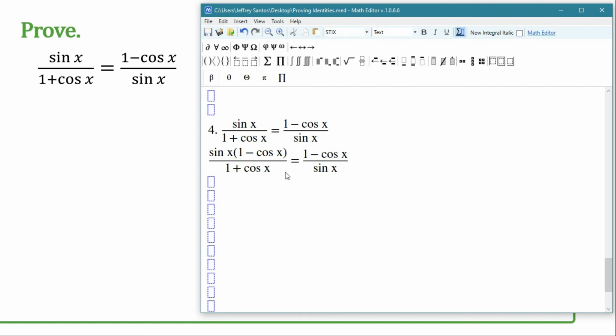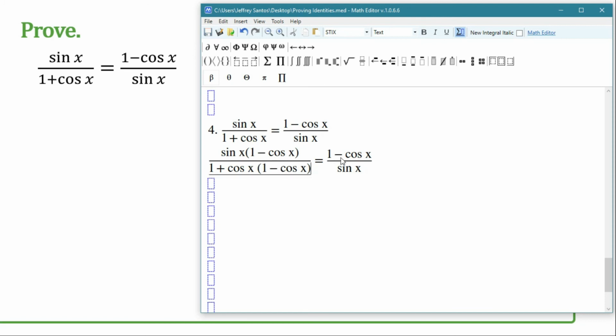Alright, so kung magmumultiply tayo kay numerator, dapat magmumultiply din tayo kay denominator. And that is 1 minus the cosine of x. In such a way that in this concept, 1 minus cosine of x over 1 minus cosine of x is indeed equivalent to 1. So wala po tayong na-violate na kahit anong algebraic rule. Alright?